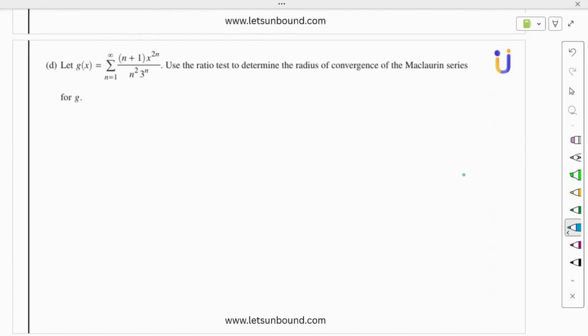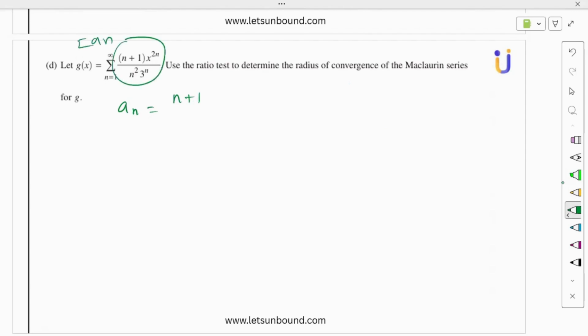Okay, so first let's take the general term. Because the ratio test, how will you apply it? You need to take this ratio, absolute value of an plus 1 by an. We need to solve this and then we will apply the test. So this is the main important thing. So what is an here? Sigma an, that's the rule.